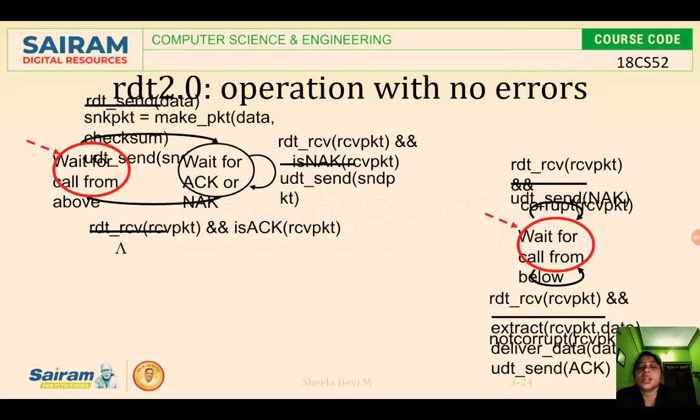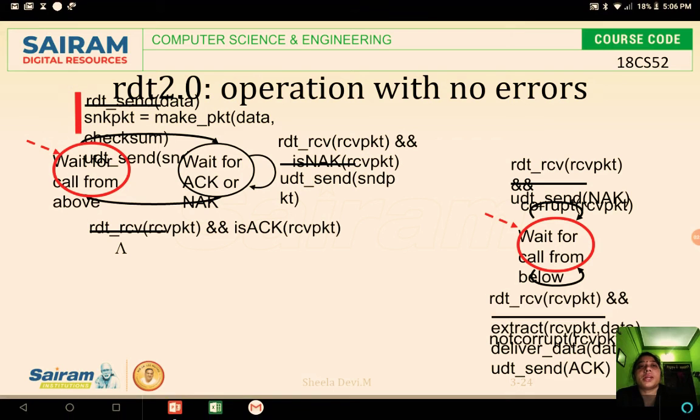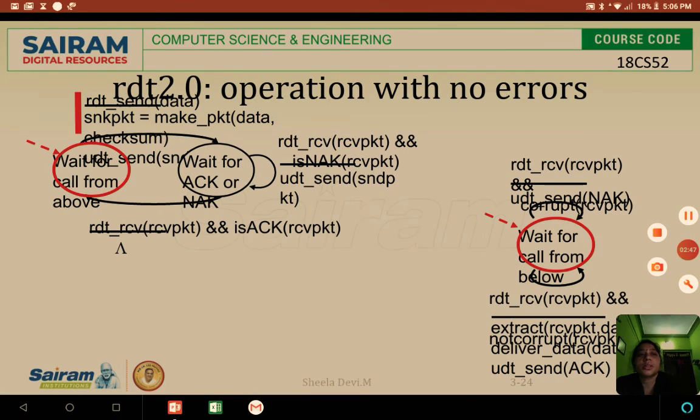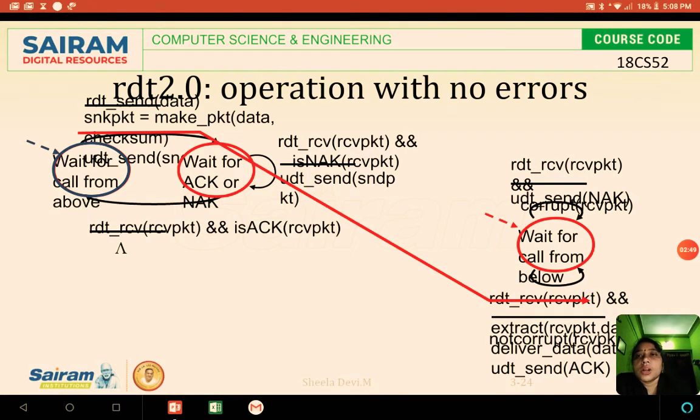As usual it creates the packet: sndpkt = make_pkt(data, checksum). So after the sending process is initiated by the application layer, the transport layer will create the packet.